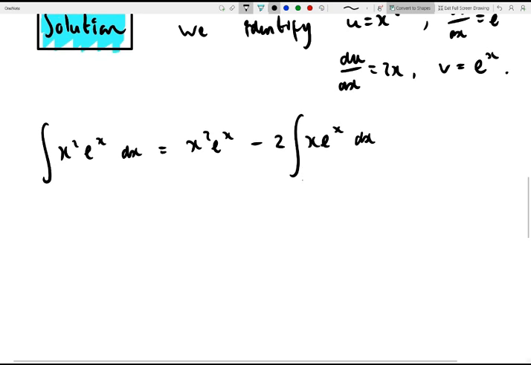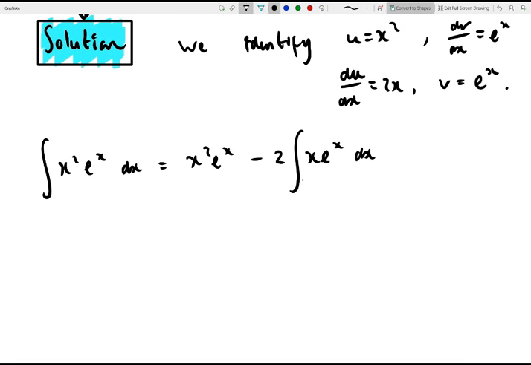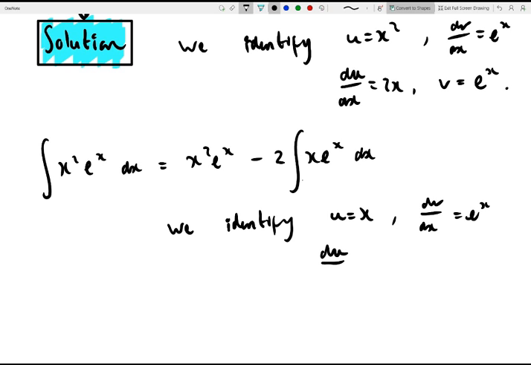And then we have to use integration by parts again. So again, we identify u to be x and dv by dx to be e to the x. So the derivative is 1 and the integral is again e to the x.